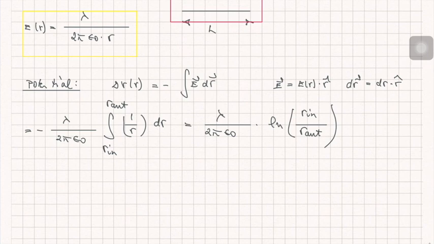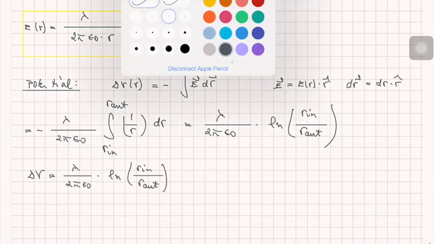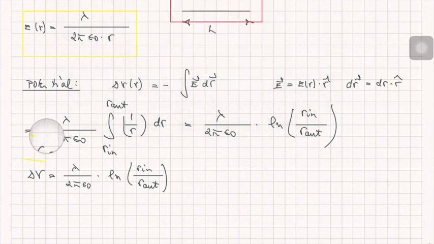All right, so delta V is therefore lambda divided by 2 pi epsilon naught times the natural log of r in divided by r out. Okay? All right, so let me also box this, and then we're almost done.